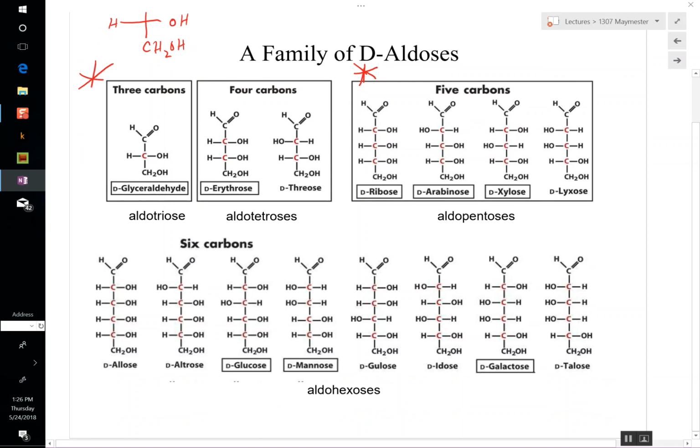Now you get up to 6 carbons. You've got 1, 2, 3, 4 chiral carbons. You've got a whole lot more options. Obviously, you're going to need to memorize D-glucose. And it's right, left, right.